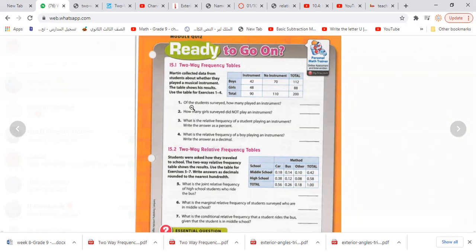Now we will move to the first question. Of the students surveyed, how many played an instrument? Okay, Judy, go on. 90. Whether they are boys or girls, they are playing instruments, so we have 90 students.